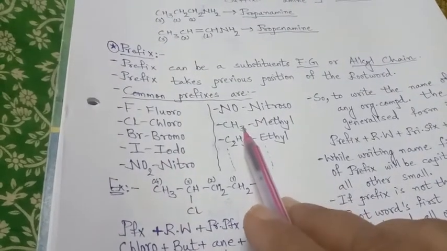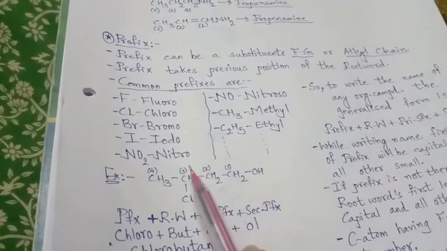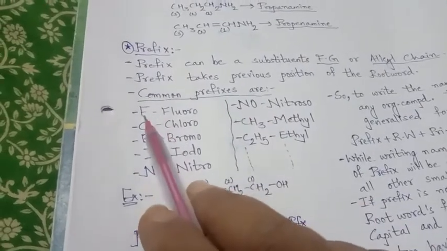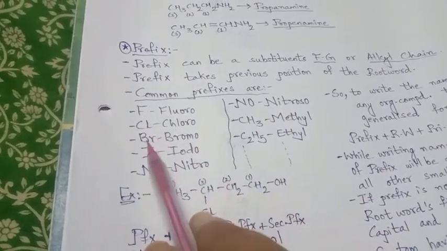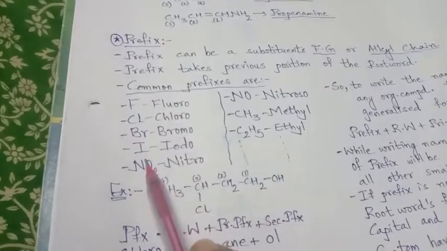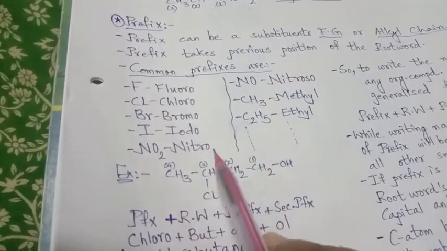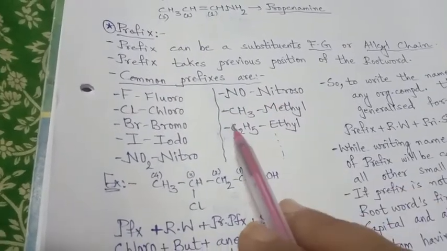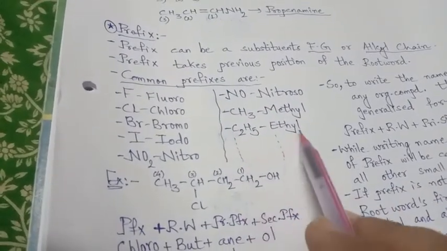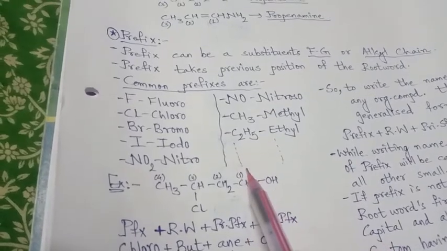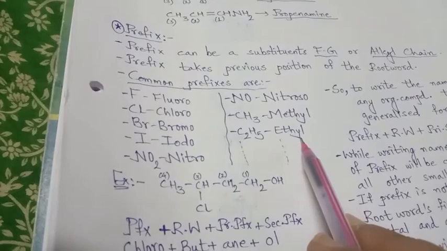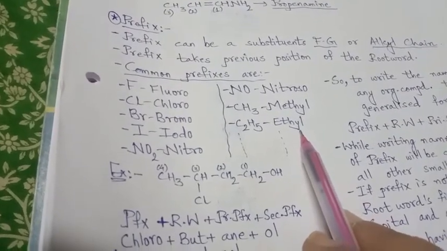So first will be the prefix, then the root word and then the suffix. The common prefixes we use are F for fluoro, Cl chloro, Br bromo, I iodo, NO2 nitro. But instead of NO2, if it is NO, then nitroso. CH3 methyl, C2H5 ethyl, all from alkanes. If one hydrogen is less, then instead of ane, they will be yl: propyl, butyl, right?